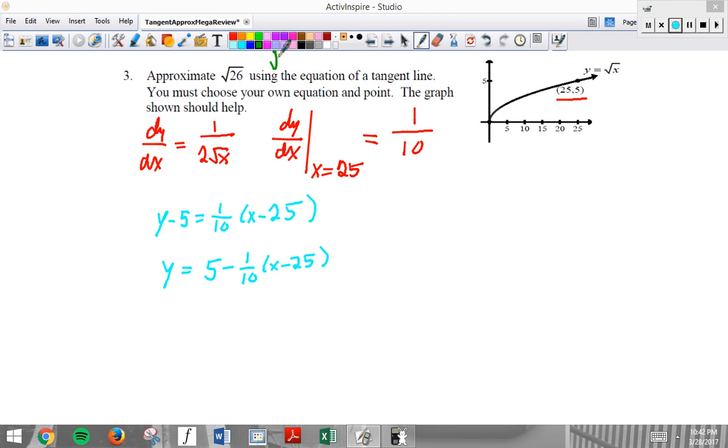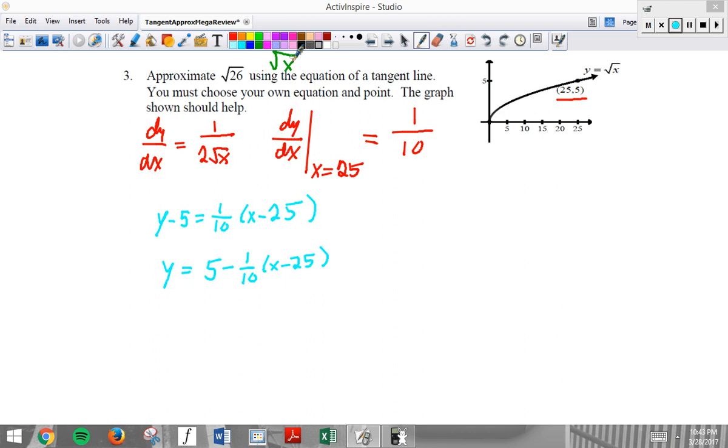So, if we're looking at root x, this is what everyone had a hard time with. If you wrote this, you're still having a hard time. If you wrote 5 plus 1/10 square root 26 minus 25, you're having a really hard time. You really need this video, so keep watching.